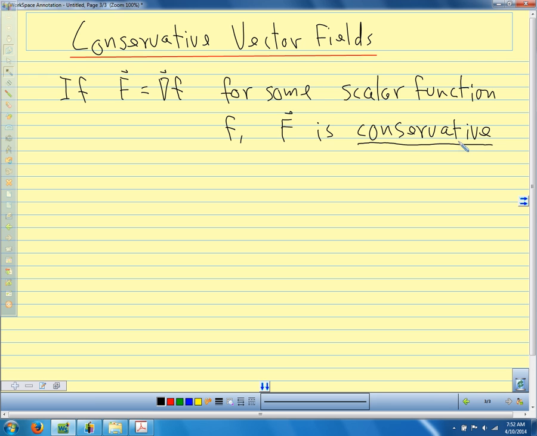So if our vector field is the gradient of some scalar function, we call our vector field conservative, and small f is called the potential function.